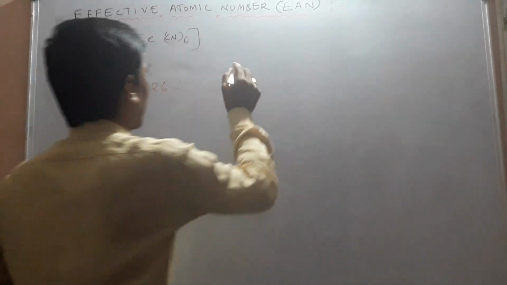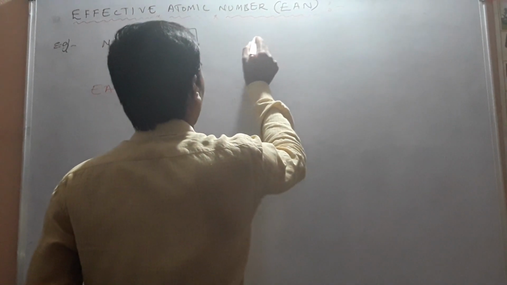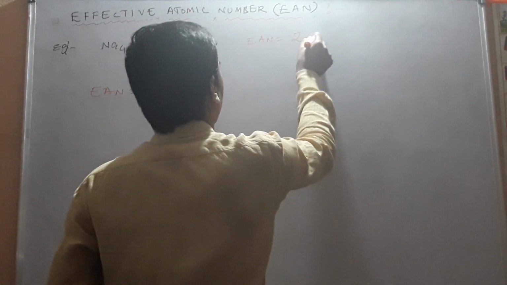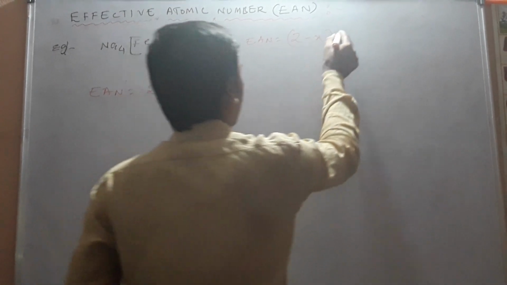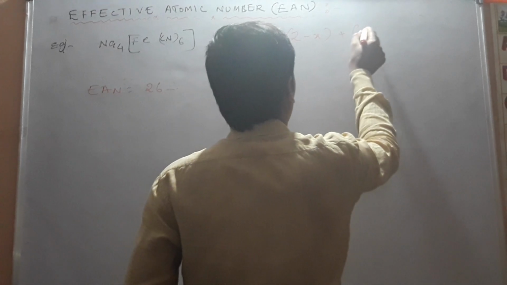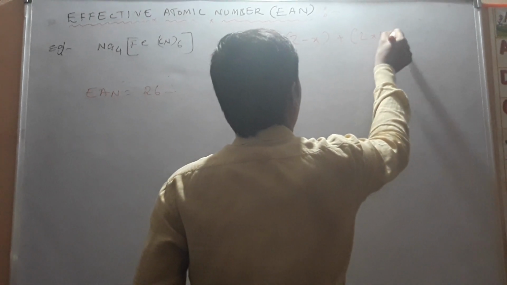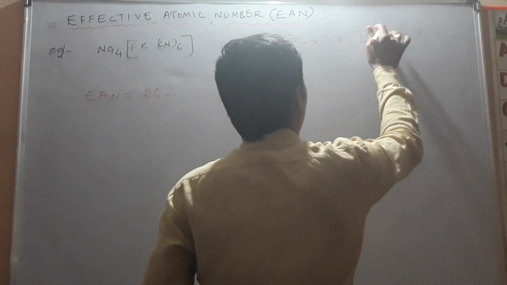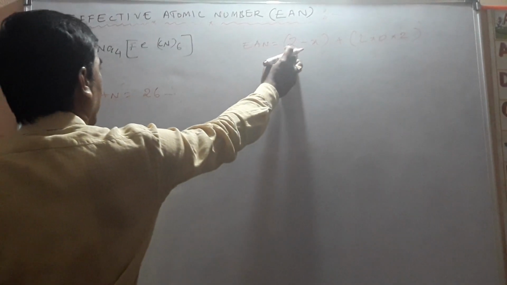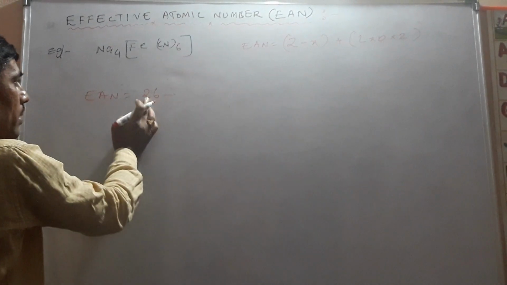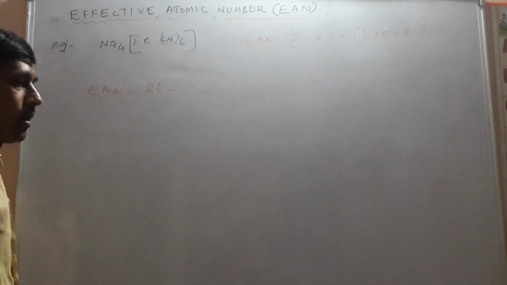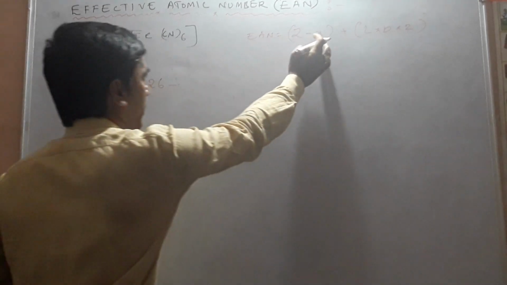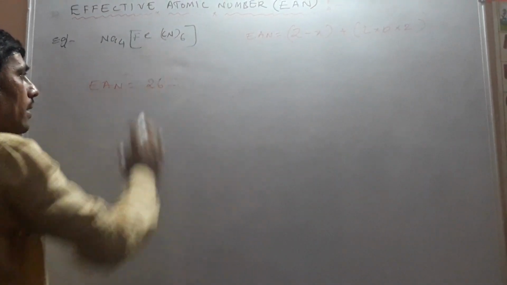Next, we are using the formula EAN is equal to Z minus X plus L into D into 2. Z means the atomic number of the metal atom, that is 26. Next, minus X means the oxidation number of the metal atom.